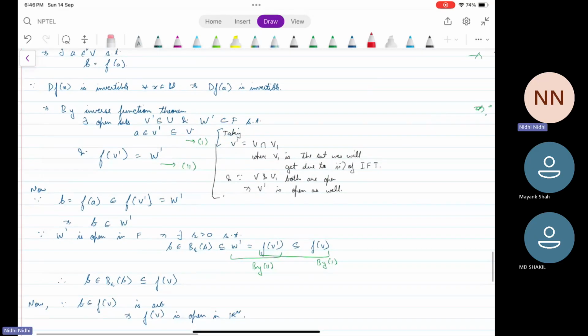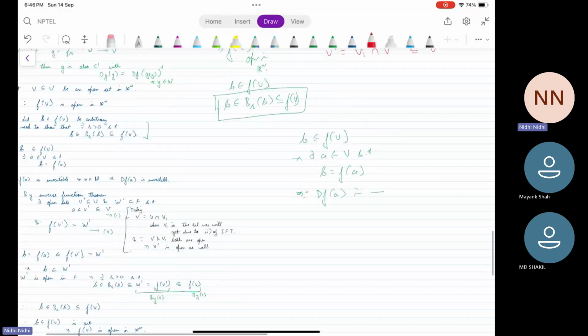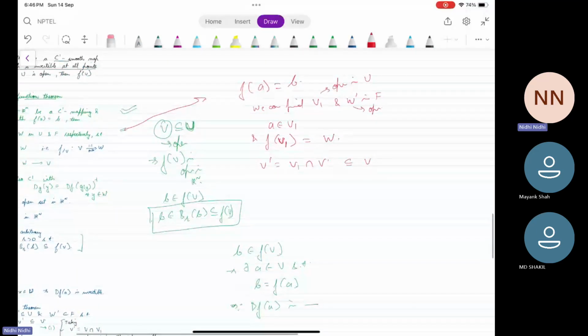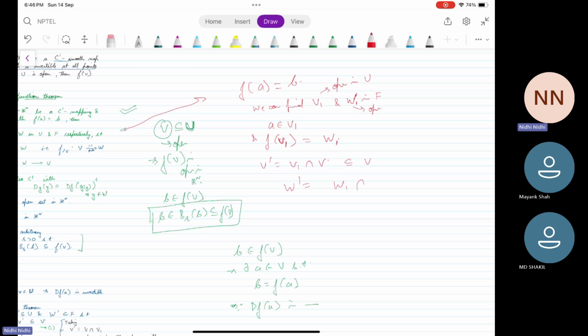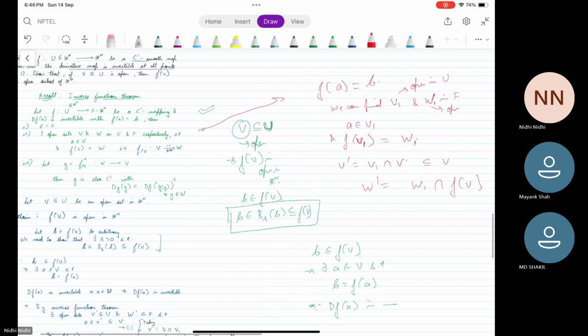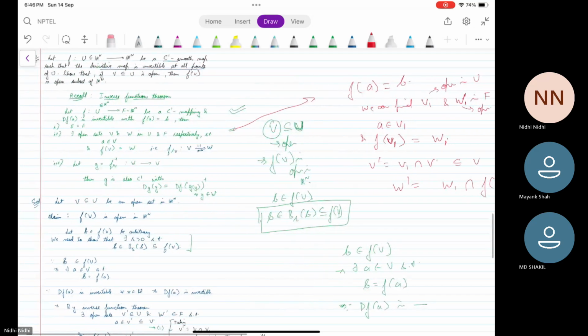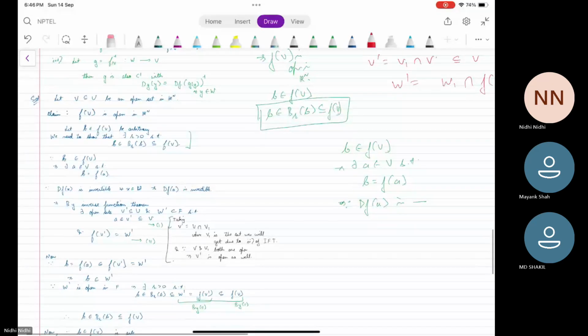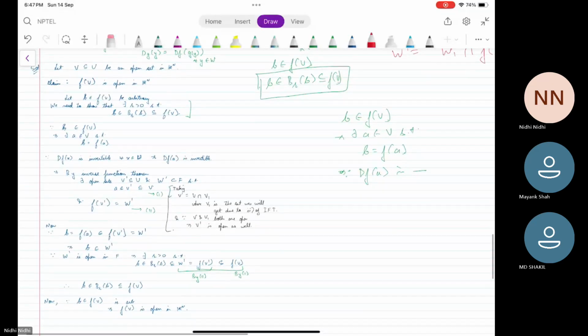So from there, we should write instead of W prime, this should be taken as W1, and then we take W prime to be W1 intersection F of V. No, no, no. Because F of V, we don't know whether it is open.